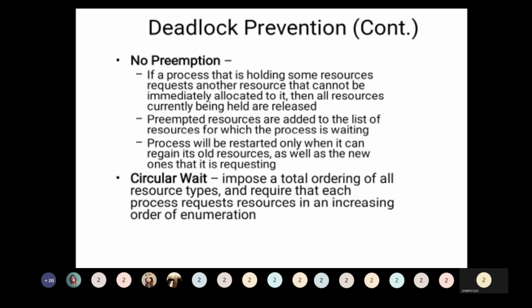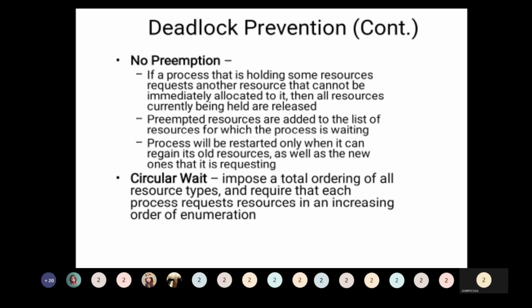Next scenario, no preemption. If a process that is holding some resources requests another resource that cannot be immediately allocated to it, then all resources currently being held are released. Suppose a process P1 is currently requesting resource R2, but R2 is not available now to be assigned to P1.